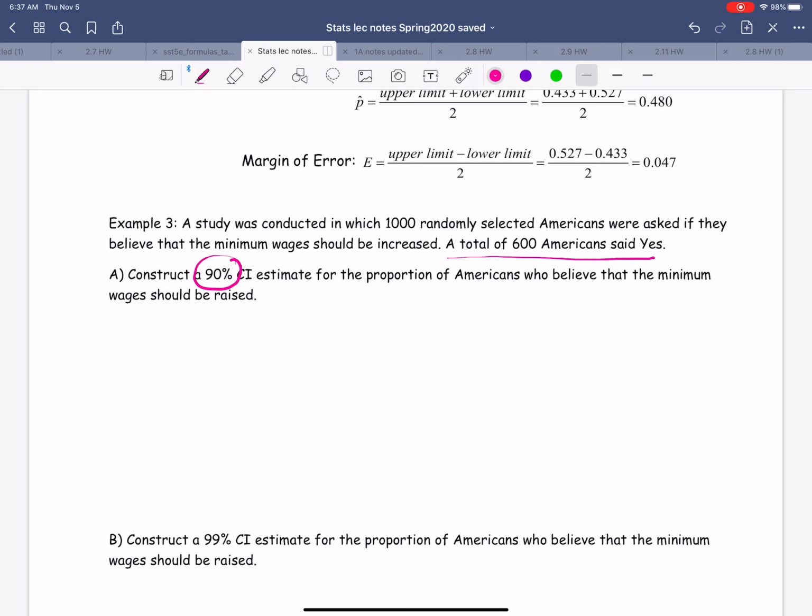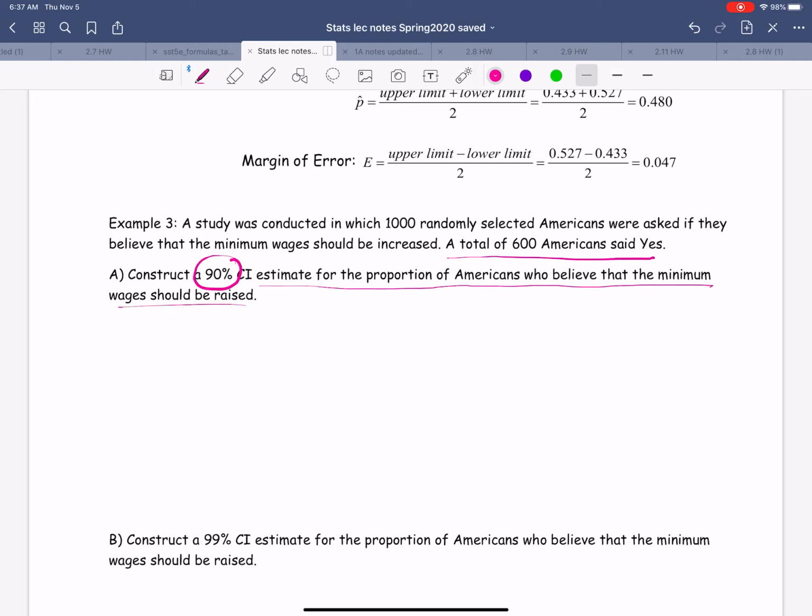If you are constructing a 90%, 95%, 99%, or 50% confidence interval, your critical value is going to change, and based on that your margin of error is going to change. So be cautious about the confidence level you have. Construct a 90% confidence interval for the proportion of Americans who believe the minimum wage should be raised.